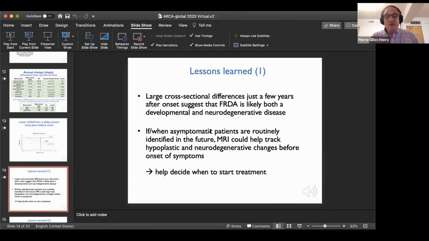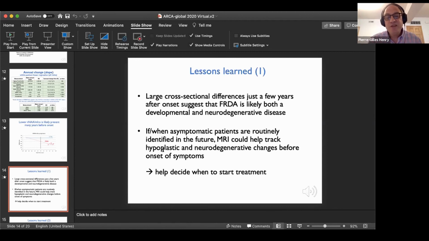So lessons learned, the large cross-sectional differences just a few years after onset suggest that Friedreich's ataxia is likely both a developmental and neurodegenerative disease. For example, in the case of spectroscopy, it's likely that the myo-inositol is not normal due to abnormal development, whereas NAA reflects more the neurodegeneration.